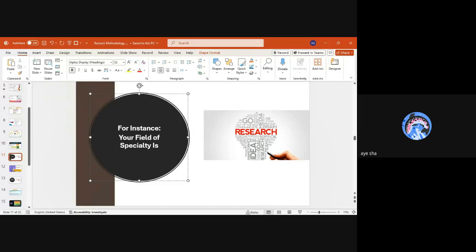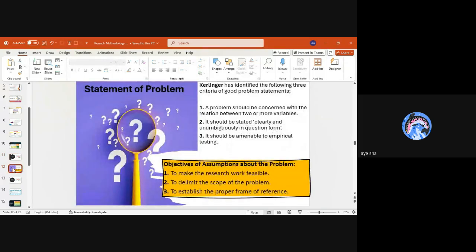So your field of interest is forestry, and we want to check why the number of trees is decreasing in the forest nearby. For example, I will be taking Margalla Hills. Okay, keep that in mind. Your field of interest is now forestry.